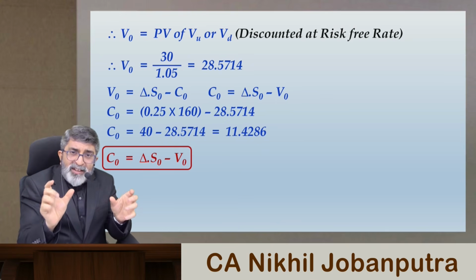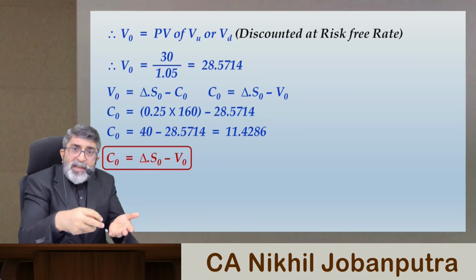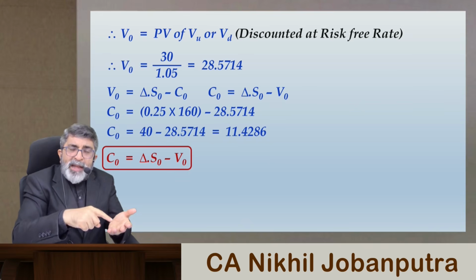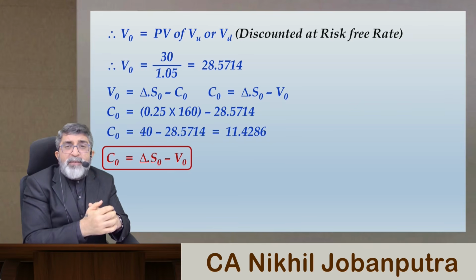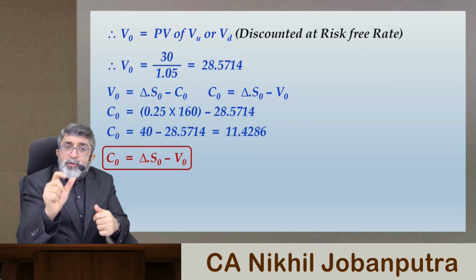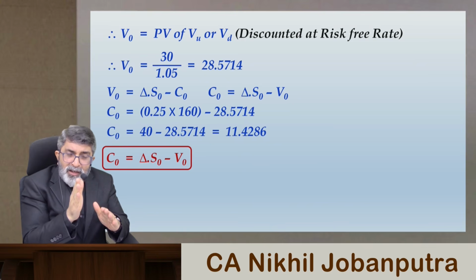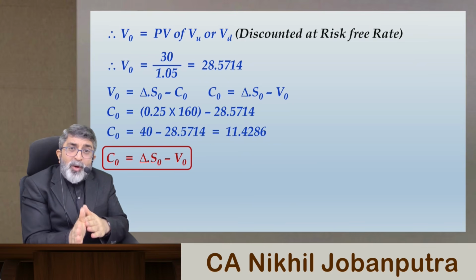You will get both sides matched. In other words, you compute the value of put through the value of call using put call parity, and it will match with whatever you computed earlier as the value of put through the binomial model. So this will be the end of the binomial model.